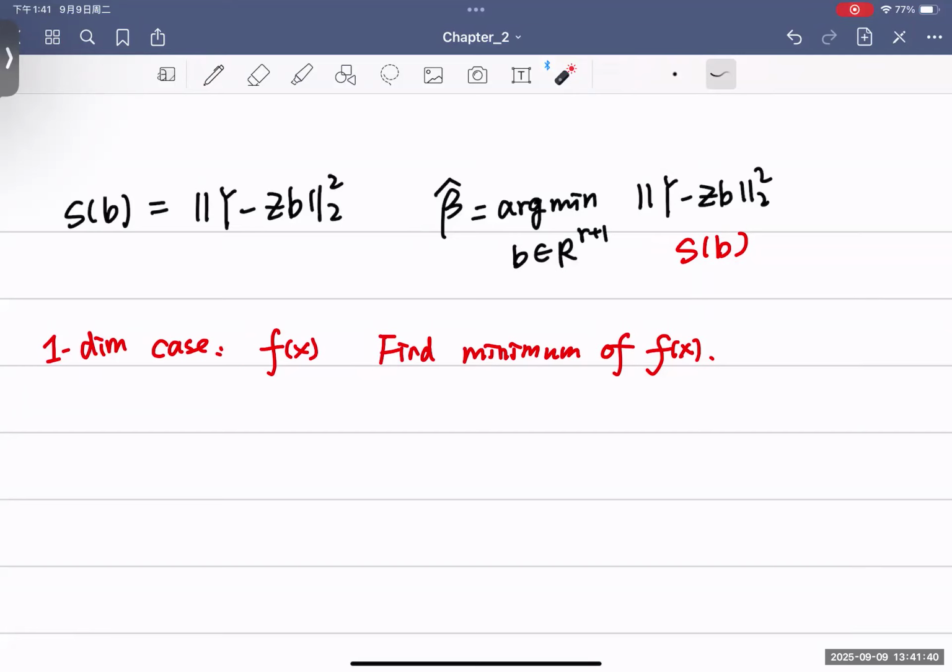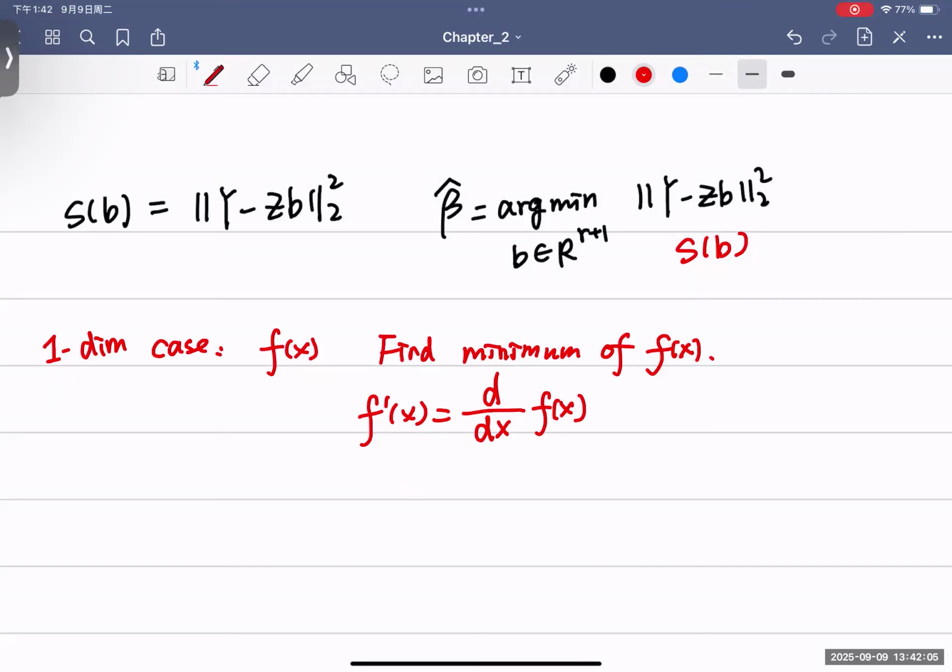Okay, the derivative. We use the derivative function f prime x, commonly written as the derivative over f(x).